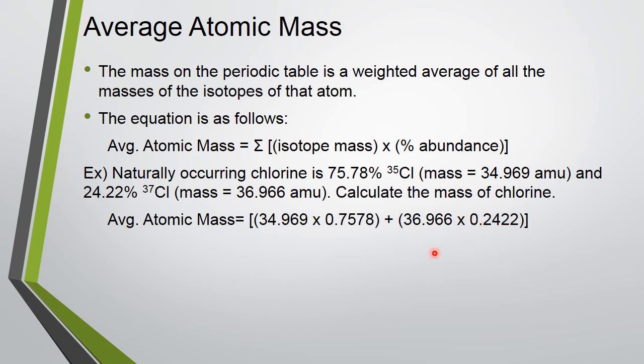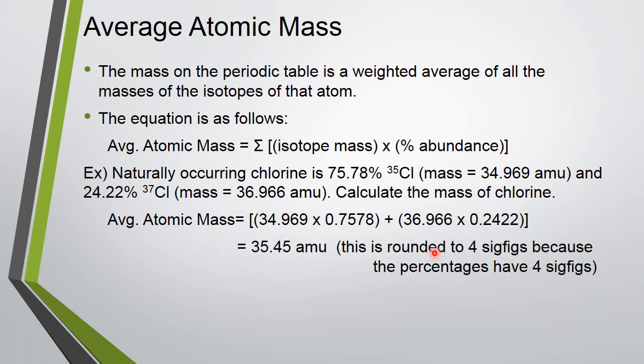So if this is all calculated, then we end up with 35.45 AMU, atomic mass units. This is rounded to 4 significant figures. If we look back at our problem, we have 4 significant figures in our percentages, so those are our lowest number of sig figs.